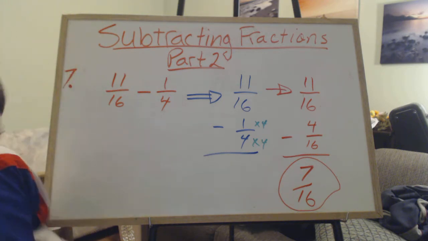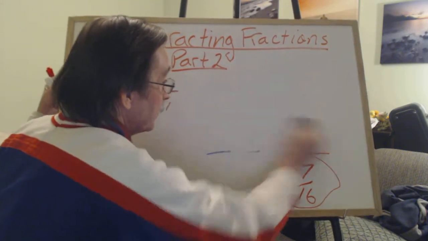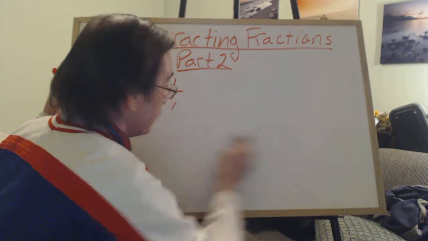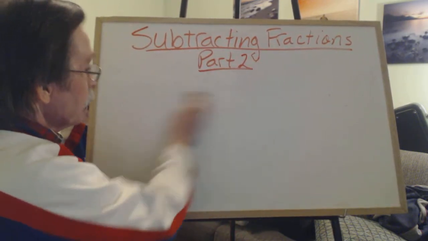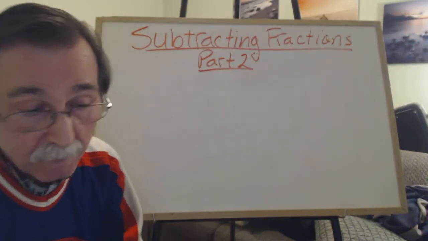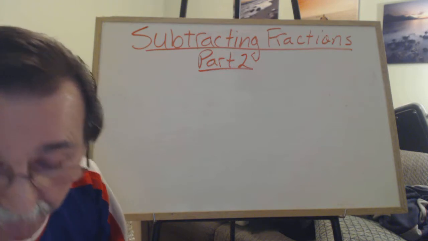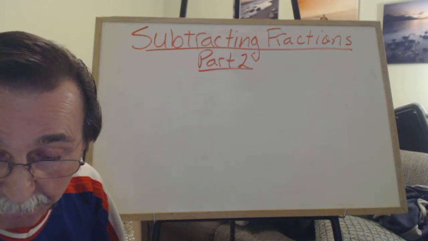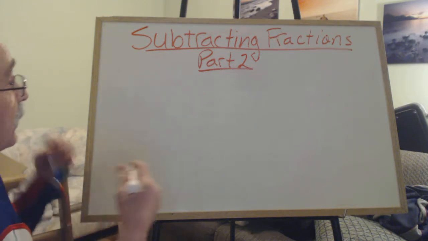Let's flip to the next page, and we'll do number 3. The next page, handout B, is going to be 40/17 minus 23/17.